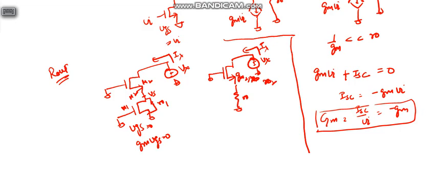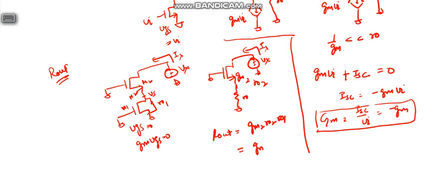So Rout for this circuit is Gm2 Ro2 Ro1.